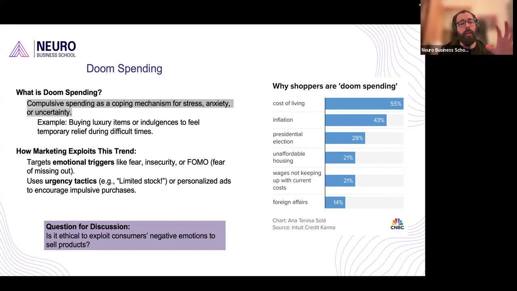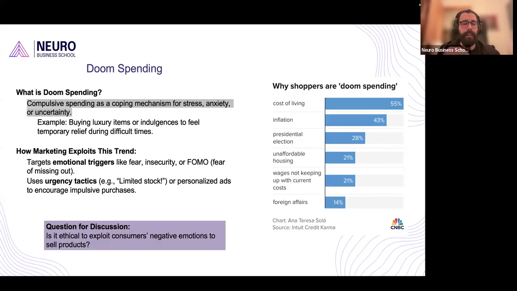Well, what happens with doom spending? This is compulsive spending as a coping mechanism. People under stress, anxiety, or uncertainty tend to spend money as a coping mechanism.